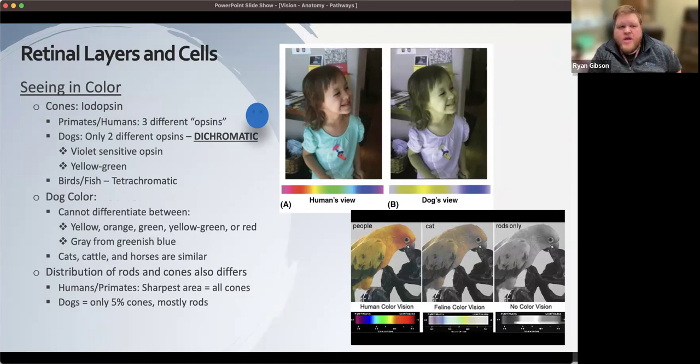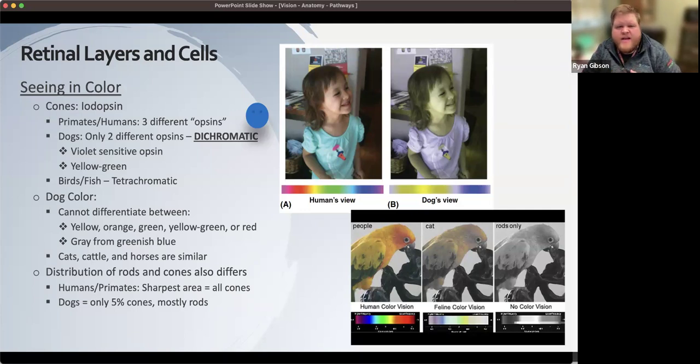Birds and fish are tetrachromatic. So y'all, there are colors that we cannot appreciate that they can, which I think is wonderful. And so you can kind of see the differences. We have this little girl here. You can see what we view her as, and then how a dog would view this little girl. Right? You can see that they're definitely more purple-yellow.